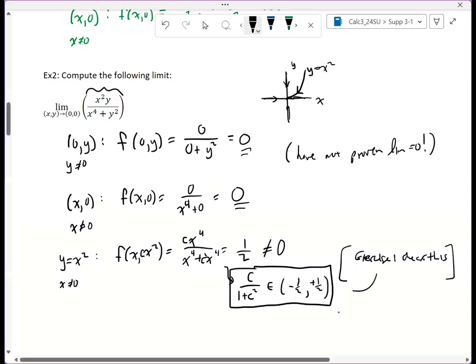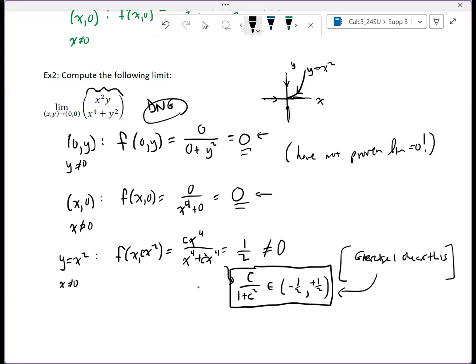So as an exercise, check that that is true. But indeed, we see that along this parabola, y equals x squared or y equals cx squared, we get something that contradicts the suspicion that the limit could have been 0. So this limit also does not exist.